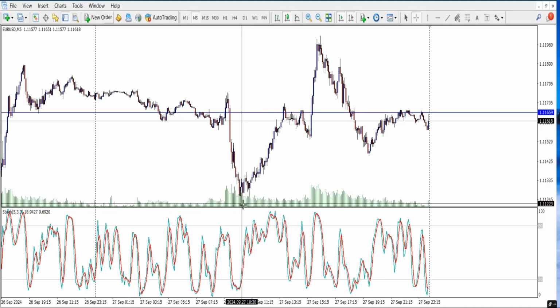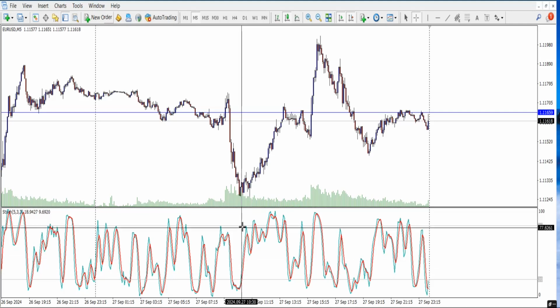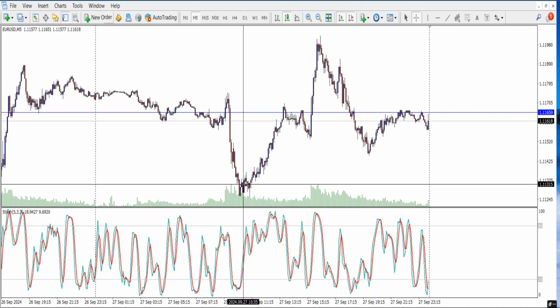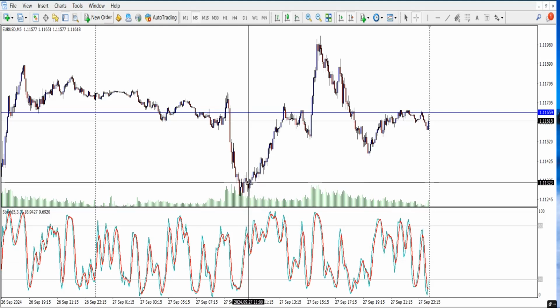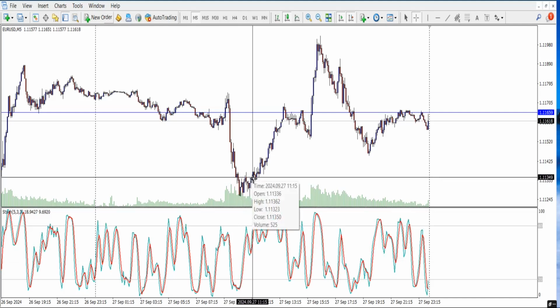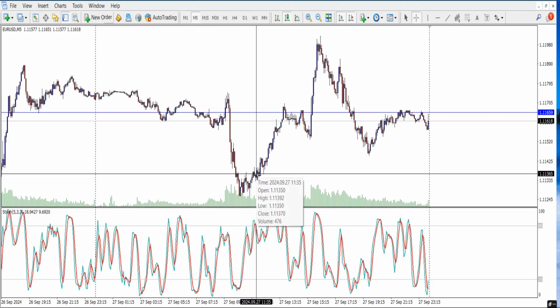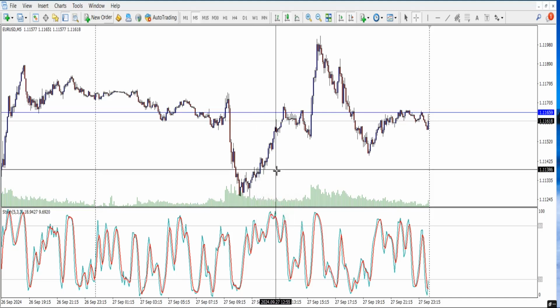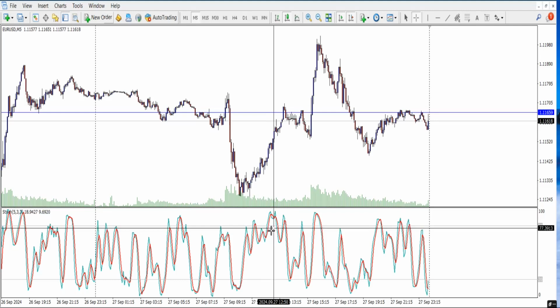But if we had entered just after this crossover, it means we would have entered our trade somewhere here, and we would have patiently waited until we get an exit signal. One of the ways you can determine how to exit your trade is when we see an opposing signal from the stochastic oscillator.